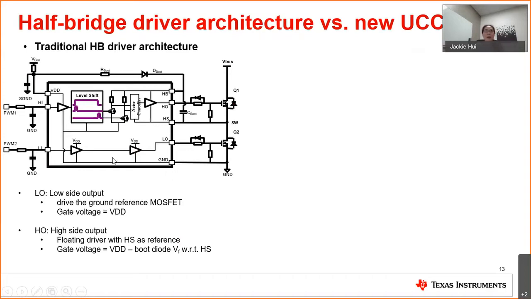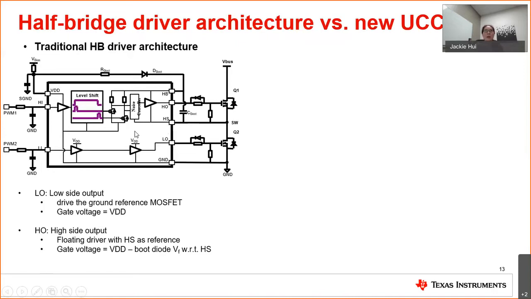The low side is powered by VDD, which is the bias supply of the driver, and the gate output is basically VDD, what you're biasing it to. The high side is a floating driver with a level shifter, and its gate output is basically VDD minus the boot diode forward voltage, with respect to the HS pin.